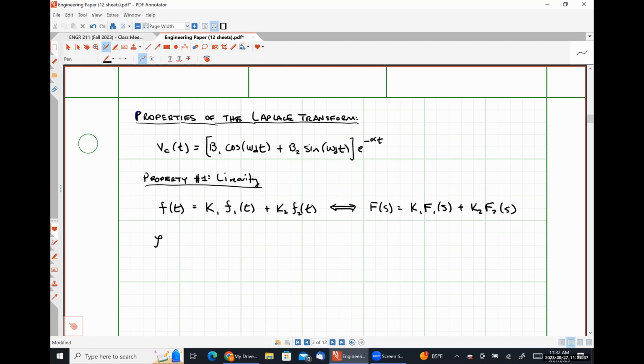So if I want the Laplace transform of k1 times f1 of t plus k2 times f2 of t, that is going to be the integral from 0 minus to infinity of k1 f1 of t plus k2 f2 of t, e to the negative st dt, by definition. Since I have two discrete functions, I can split this integral up into two integrals.